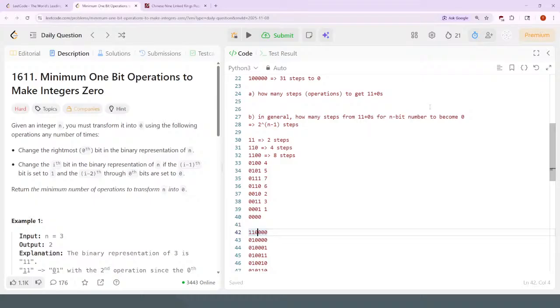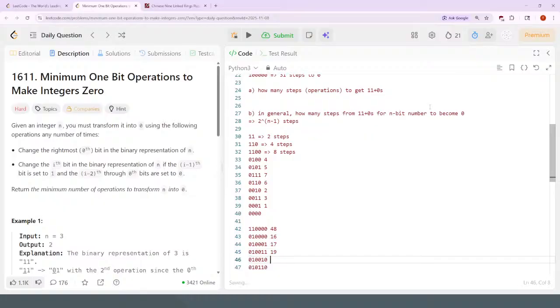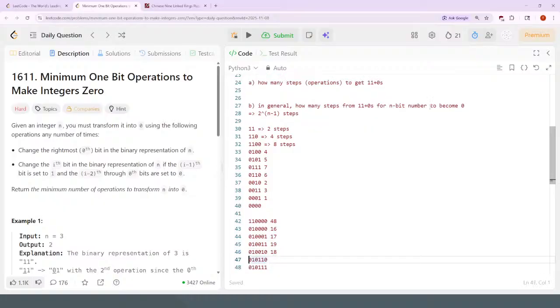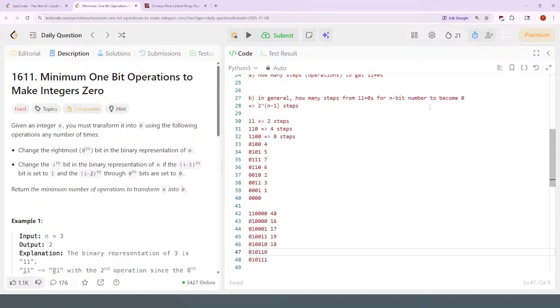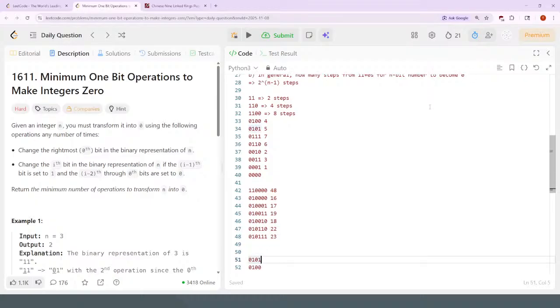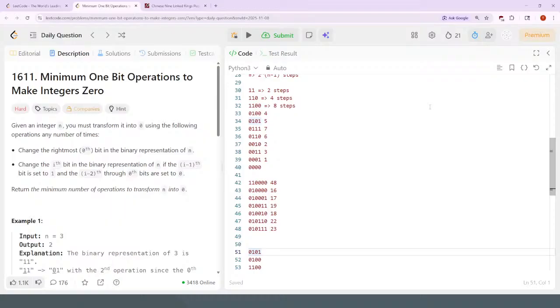1, 2, 4, 8, 16, 32, so 48, 30, 16. 1, 2, 4, 8, 16, 17, 19, 18, 18 plus 4, 22, 23. Oh gosh.